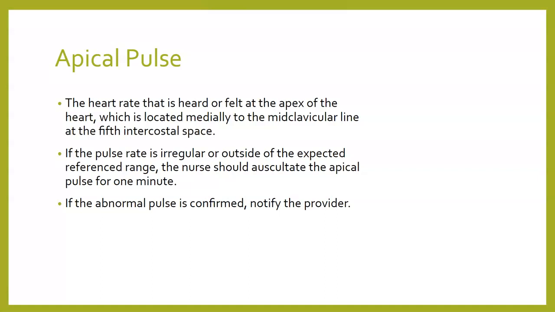If the pulse rate is irregular or outside of the expected reference range, this is when the nurse would also take the apical pulse for 1 minute. So if you're feeling a radial pulse and it just does not seem regular, something's not right, then you would listen to the apical pulse for a full minute. This will confirm if the pulse is abnormal, and if it is, you need to notify your provider.